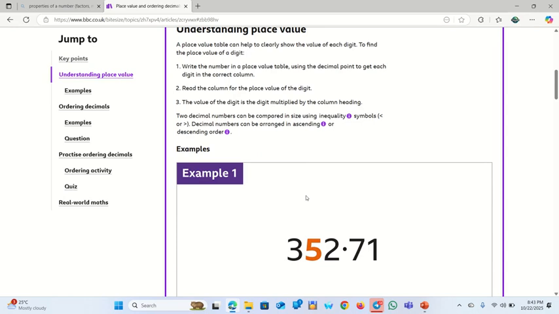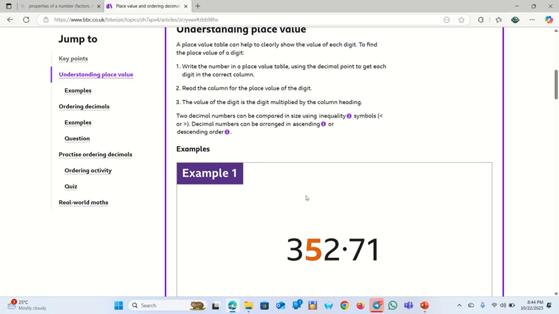The value of the digit is the digit multiplied by the column heading. Two decimal numbers can be compared in size using inequality symbols. Decimal numbers can be arranged in ascending or descending order.